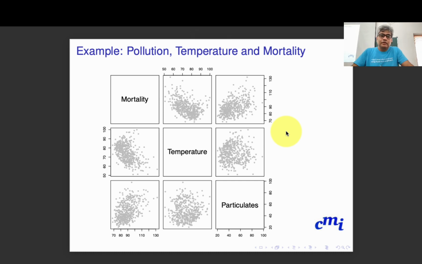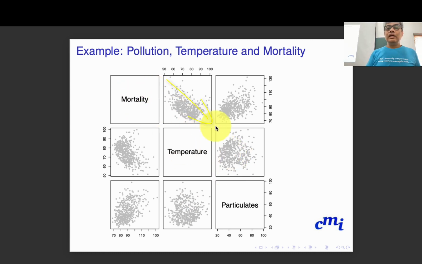Here is a scatter plot of mortality versus temperature versus particulates. What we see is that between particulates and temperature, not much is happening.